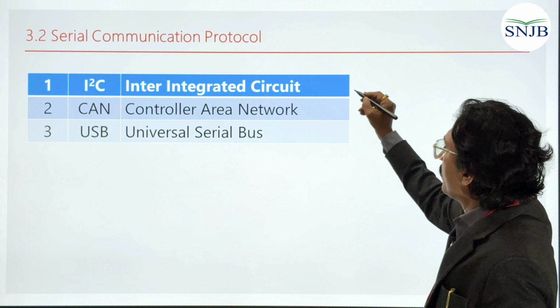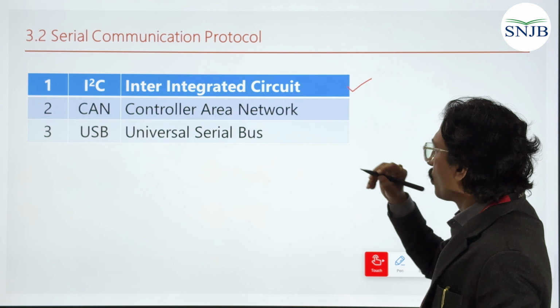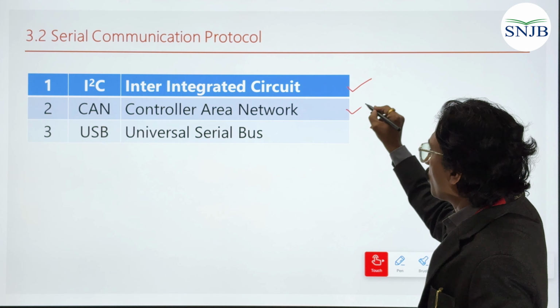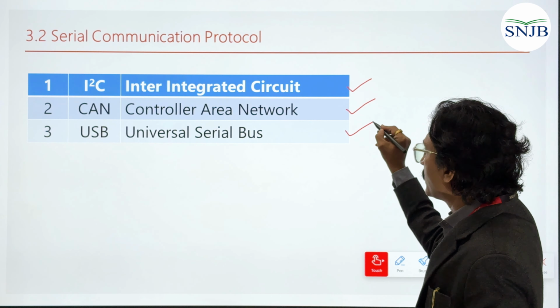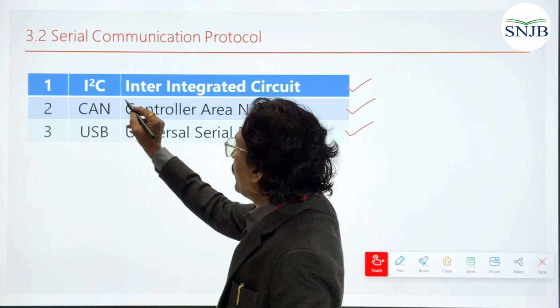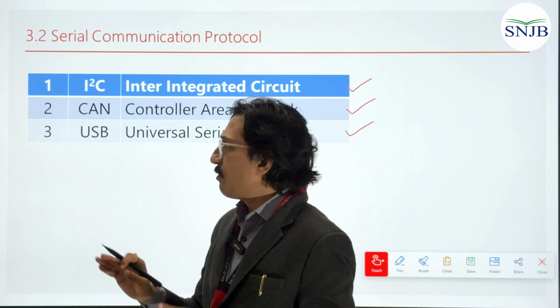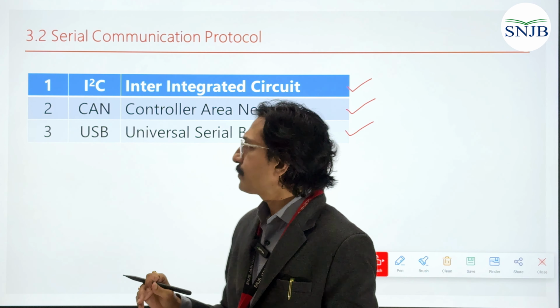The first one we are going to see is the inter-integrated circuit protocol. Second is the controller area network protocol, and third one is the universal serial bus protocol. Among the three, we are going to see the block schematic of I2C along with its frame format.